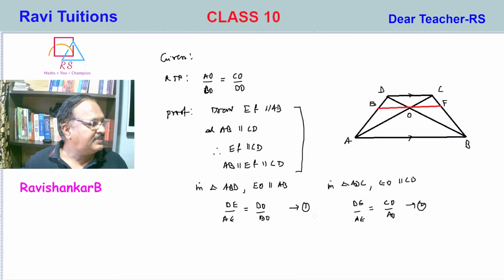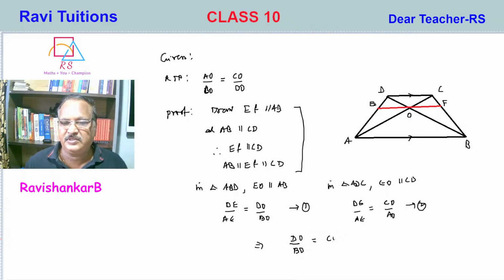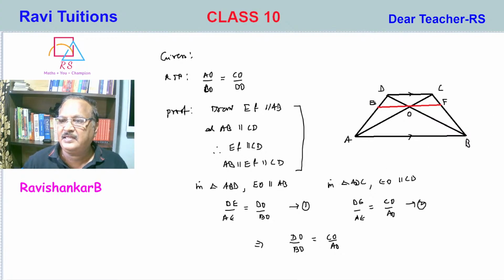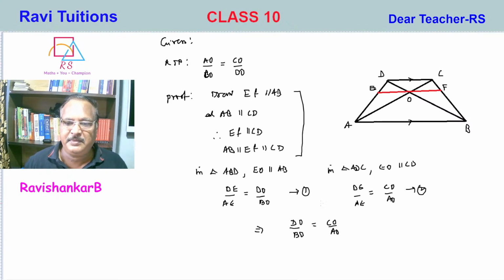In both the equations, left hand sides are equal, therefore right hand sides are equal. So DO by BO is equal to CO by AO. Because he asked AO by BO, so this BO we will take it up. So then CO will be replaced. So then what happens?